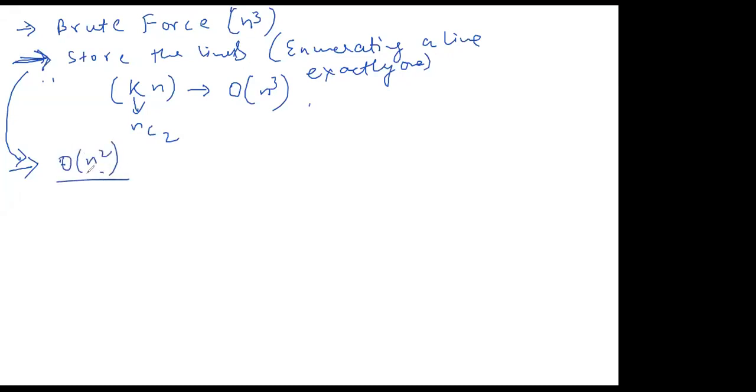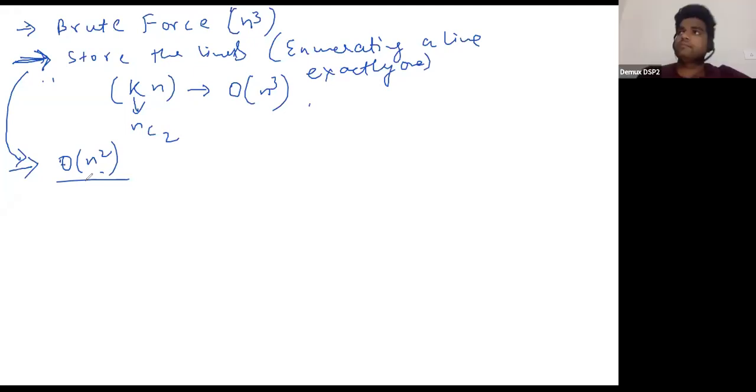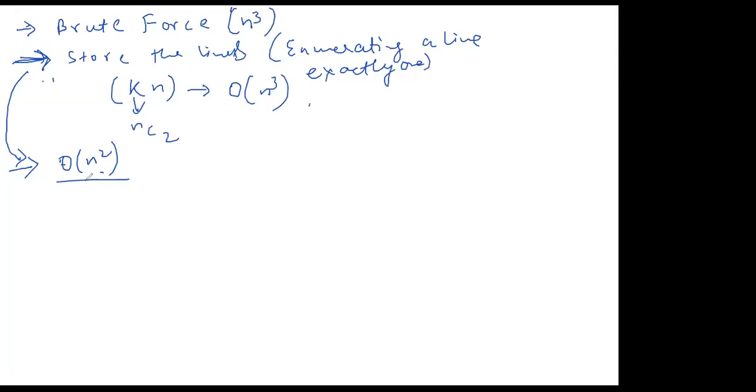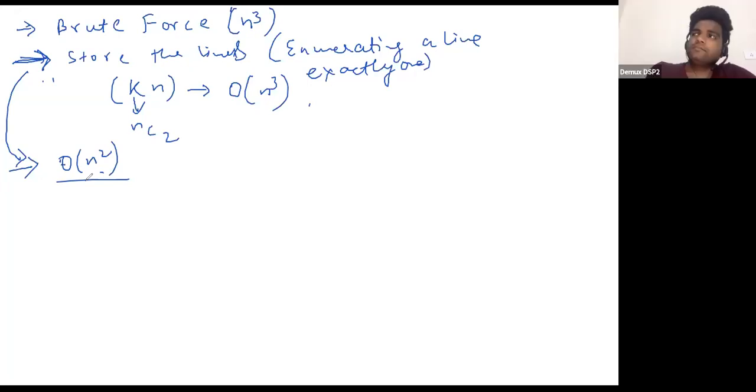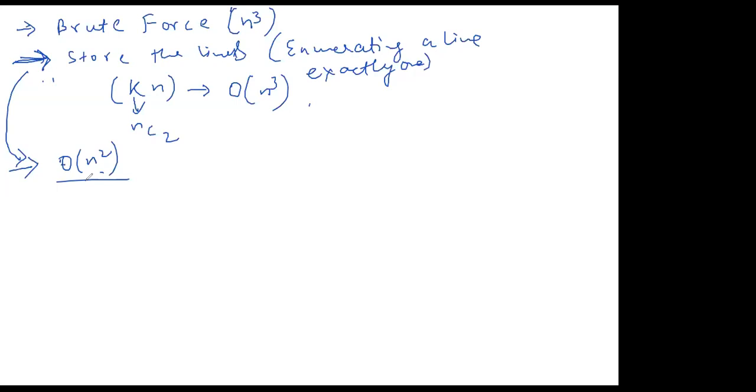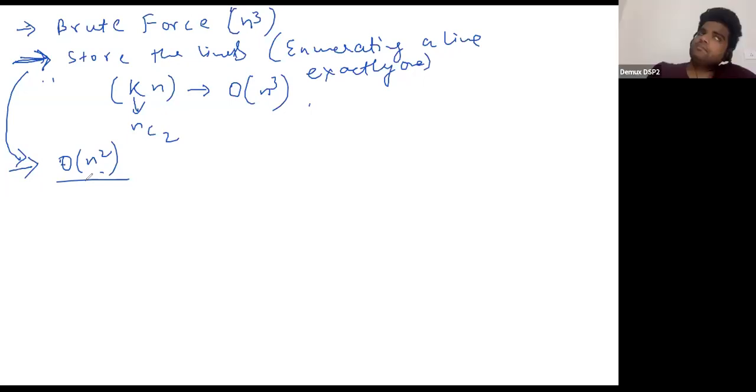Sir, what I was thinking, if there are 4 points on a line, then we will get exactly 4C2 pairs, which will correspond to the same line. So every time we encounter a pair having the same line, we increment the count of that line.